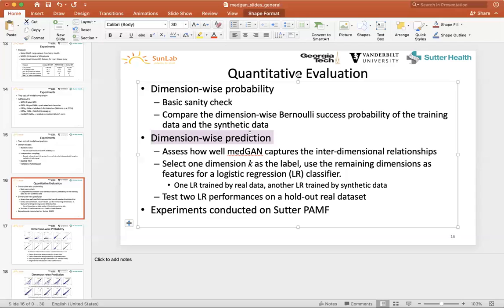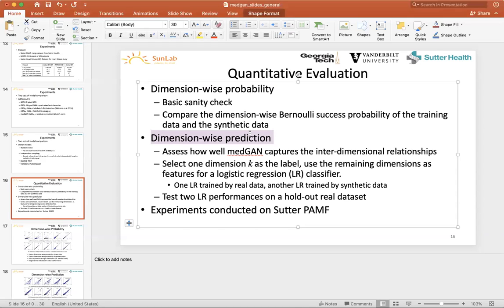So you take all the features except one particular column, and using the other columns, you try to predict that specific column, and you train it with your training portion of the real data, and you train it with your synthetic data. And then once you've trained your classifier, you test it on the real sample, the one that you've left behind as a test sample.